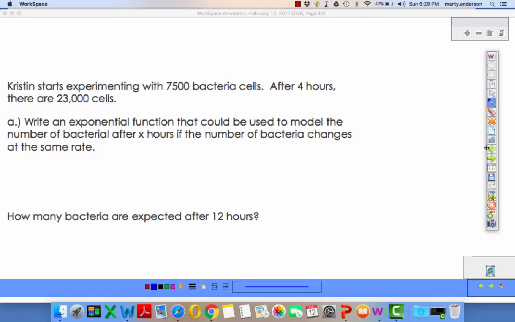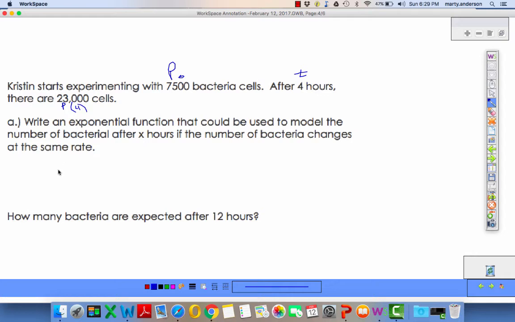So we want to remember our exponential growth equations. Kristen starts experimenting with 7,500 bacteria cells. That sounds like an initial population. After 4 hours, time t, this is going to be p after 4 hours, there are 23,000. Write an exponential function that can be used to model the number of bacteria after x hours.